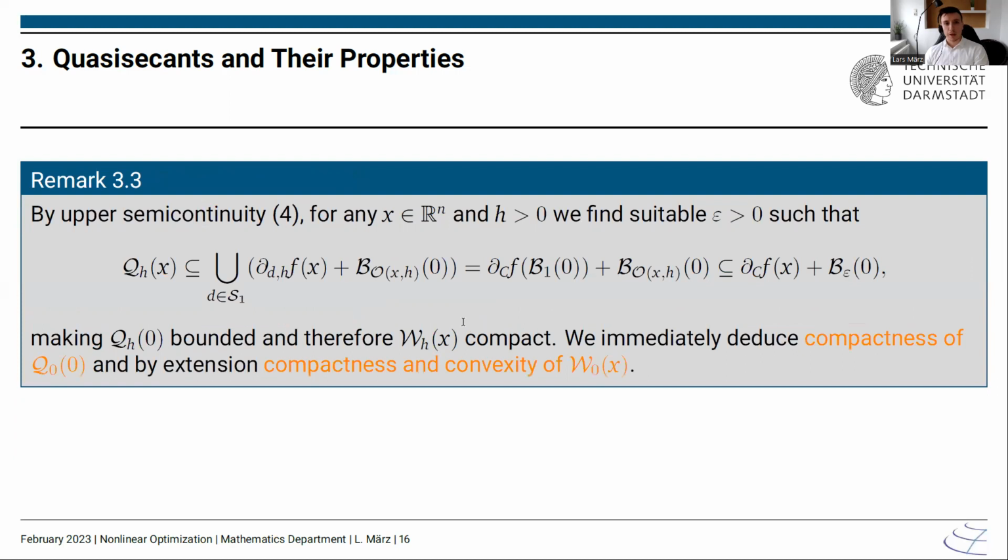So by upper semi-continuity, we get that for any x and length h, we find a suitable epsilon such that this set Qh(x) is actually not much different from the Clarke subdifferential at x. We just have to add this ball of radius epsilon. So how can we see this?